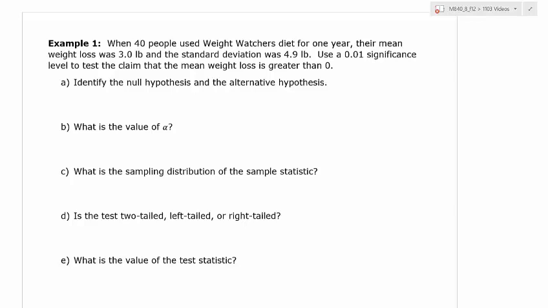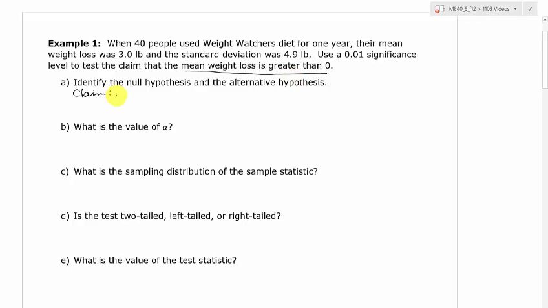The first step will be to identify the null hypothesis and the alternative hypothesis. To do this, the first thing that you want to do is write out what the claim is. We're going to use the 0.01 significance level to test the claim that the mean weight loss is greater than 0.